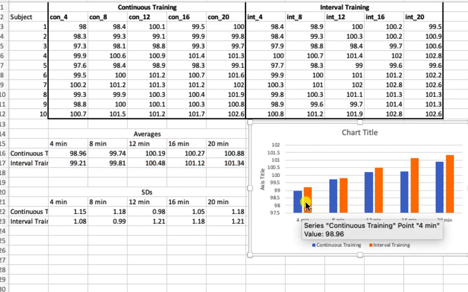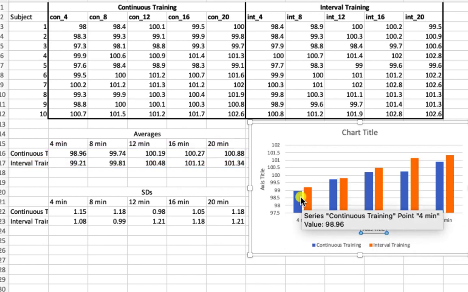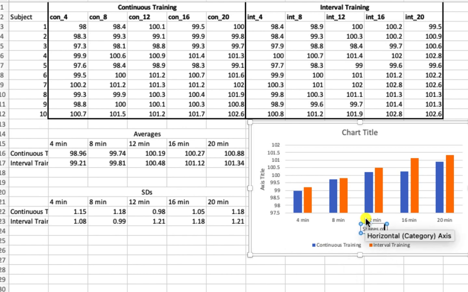The between part is going to be the bars or the legend, if that helps you. Okay, so we could list this as time, we could list this as the stages of exercise, which is kind of originally how we phrased it.